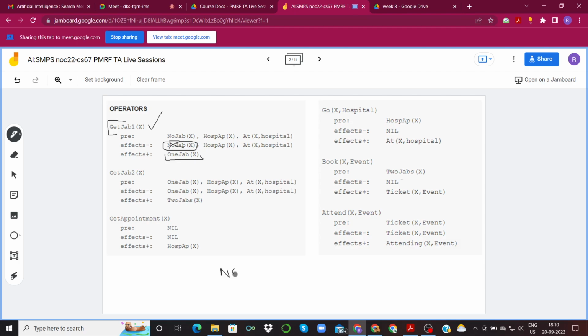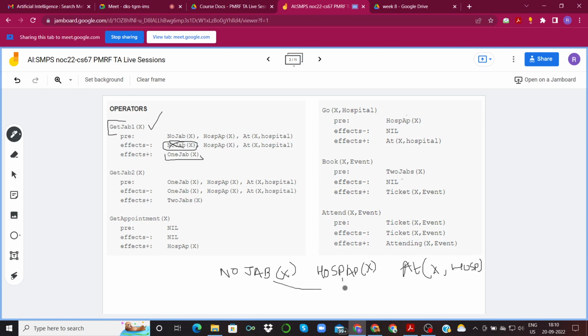Let's say these are the predicates that are true for a person: a person has no shot of vaccine, the person has an appointment at a hospital, and another predicate that is true is person X is at the hospital.